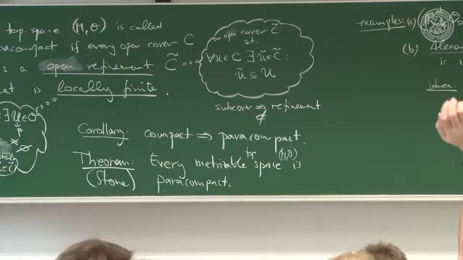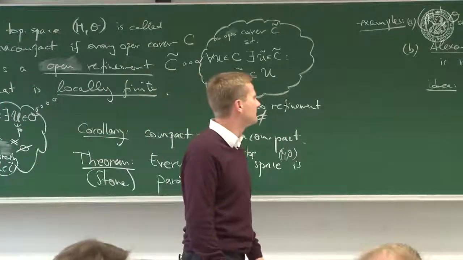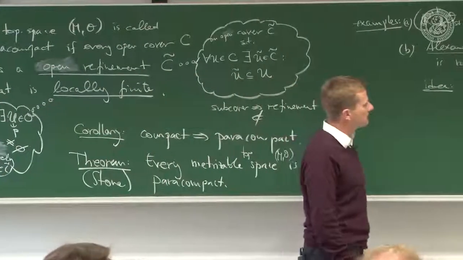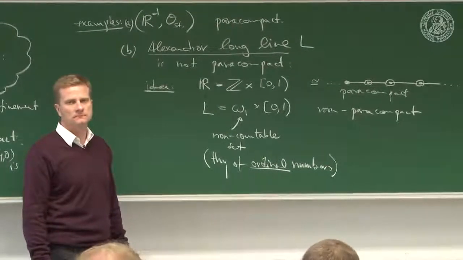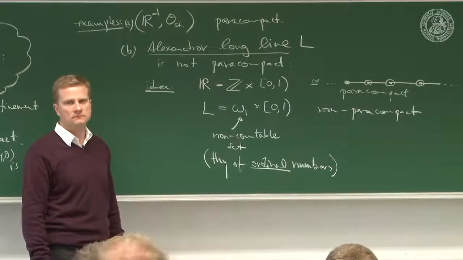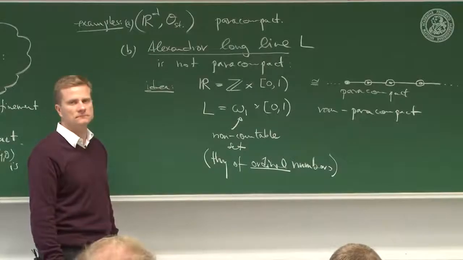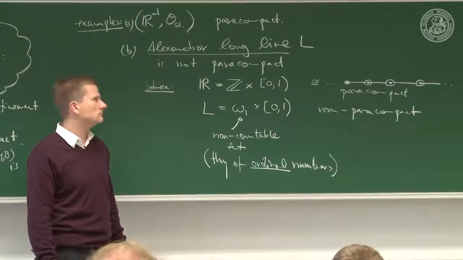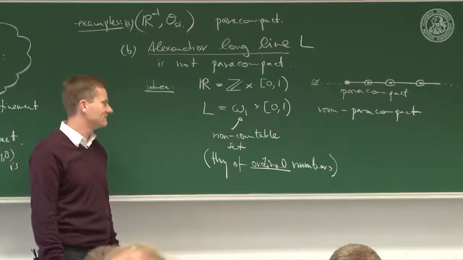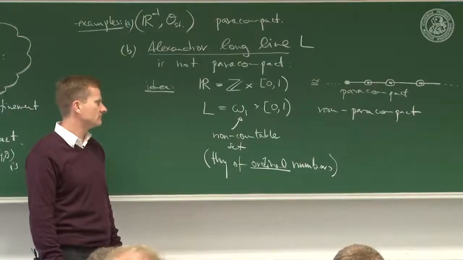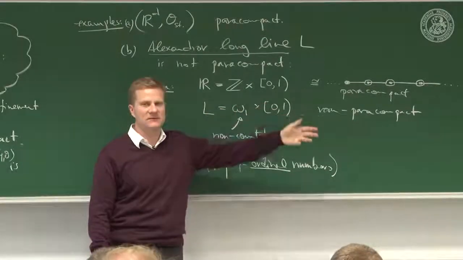Okay, good. Yeah? One question towards the Alexandrov long line. How can I really imagine that? Because you just said that for the real line you can imagine stacking ruler on ruler, an infinite amount of rulers along the line. But how can I imagine this Alexandrov long line? Well, it's a non-countable set of times you put this after the other.